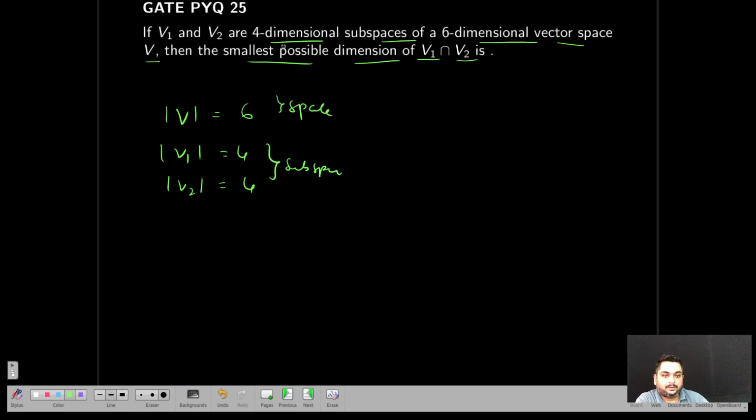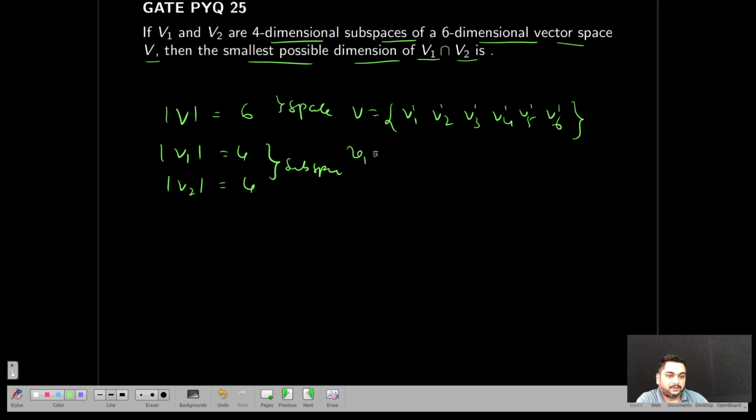Possible dimension, that means what? I have V1, V2, V3, V4, V5, V6. This is the entire space, vector space. In that I have taken 2. Let us write it as dash like this.